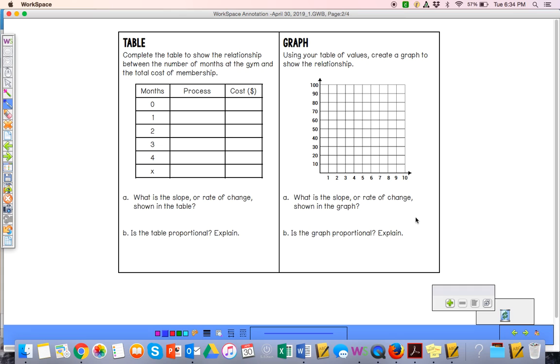Okay. So if she joins the gym for 0 months, it costs $0. To do that, we do 25 times 0.